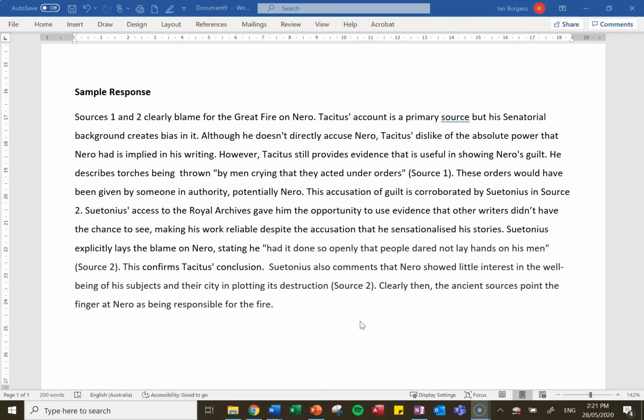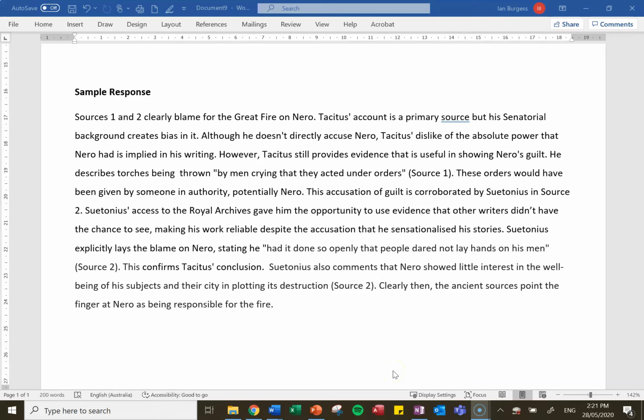So there I finally tie it all together and try to finish the knot that ties source 1 with source 2. Suetonius also comments that Nero showed little interest in the well-being of his subjects and their city in plotting its destruction. Here I've paraphrased from the source, but still acknowledged where it's come from. And then finally, clearly then, the ancient sources point the finger at Nero as being responsible for the fire.